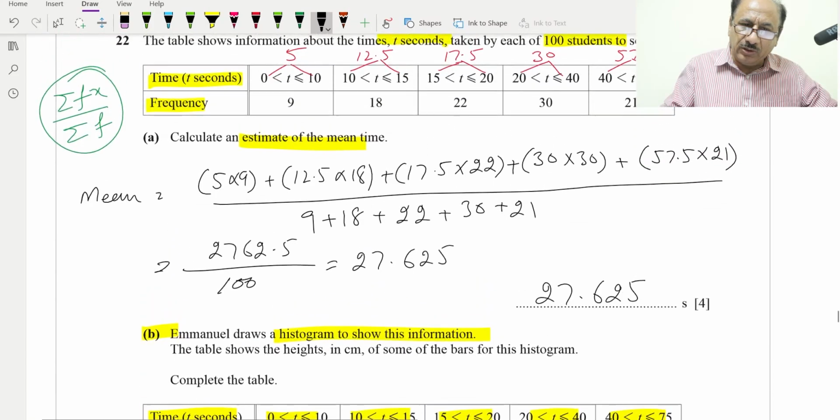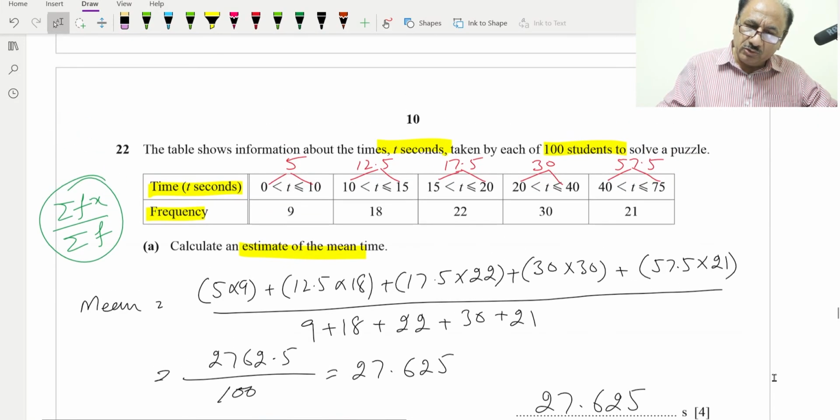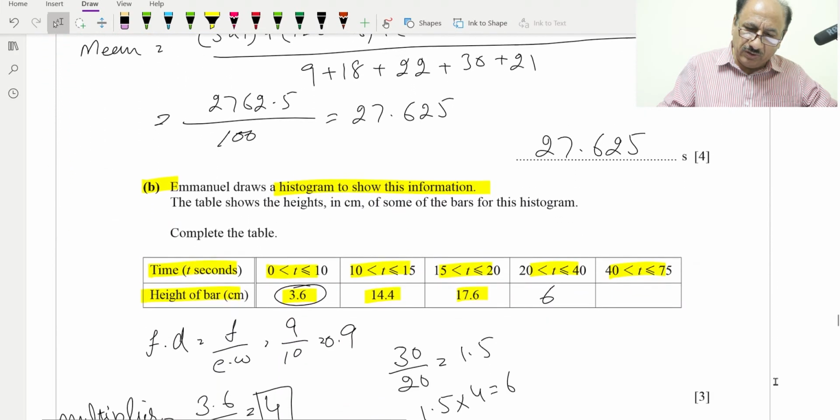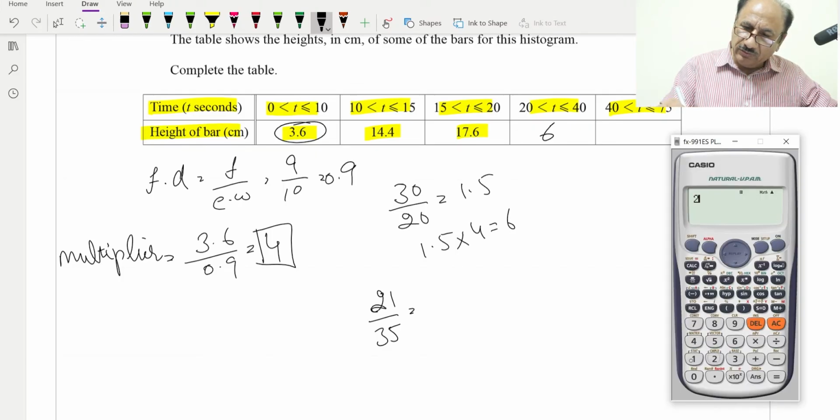Now we can calculate the second value, 21. So 21 divided by the class width, which is 35. So 21 divided by 35 will be equal to 0.6.